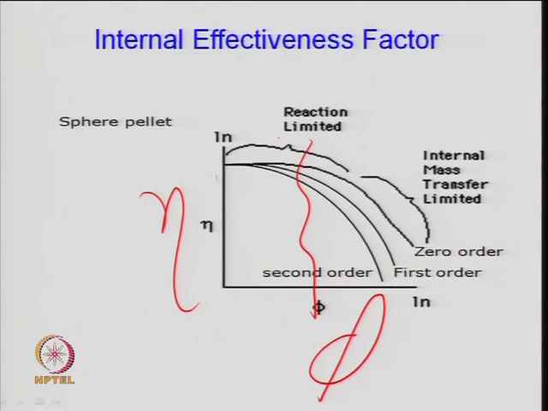That indicates that diffusion resistance is not dominating in the rate of reaction. But when phi becomes large, like 5, 7, 10, 20, at that time the diffusion is dominating. That is known as internal mass transfer controlled reaction, or diffusion controlled reaction.